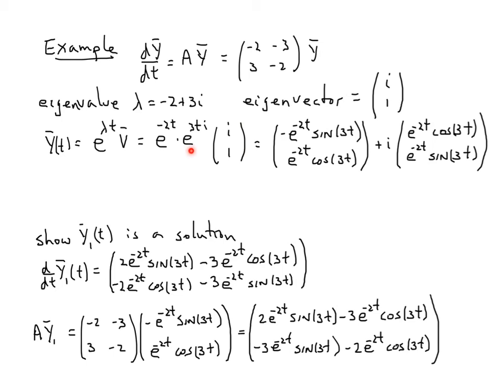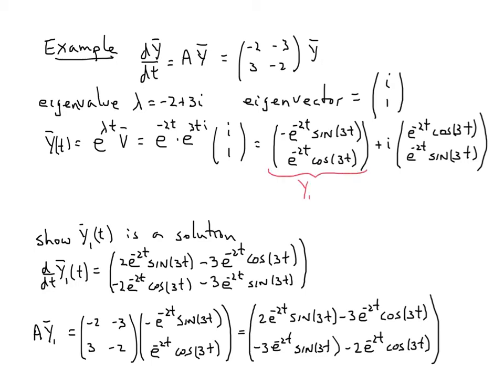But when I multiply this using Euler's formula times this and clean everything up, I end up with a complex valued function. Here's its real part, and i times its imaginary part. No surprise there. And according to what I've just shown you, this guy I can label as y1.